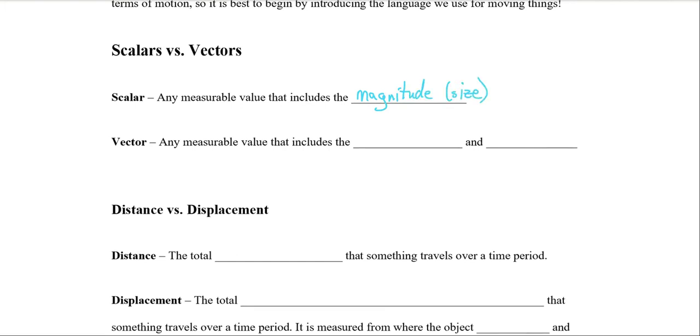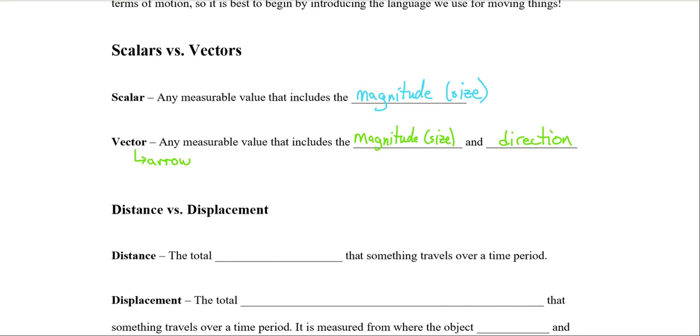A vector, on the other hand, is a measurable value that includes the magnitude, the size, and the direction. And we normally represent vectors as an arrow, because an arrow can be different sizes, and arrows inherently show direction.